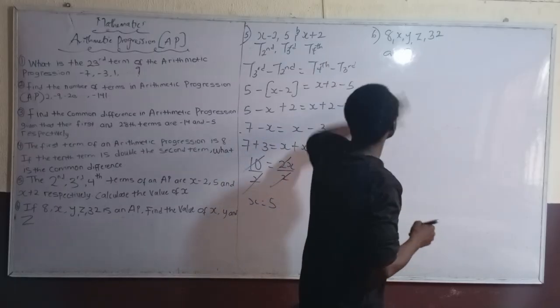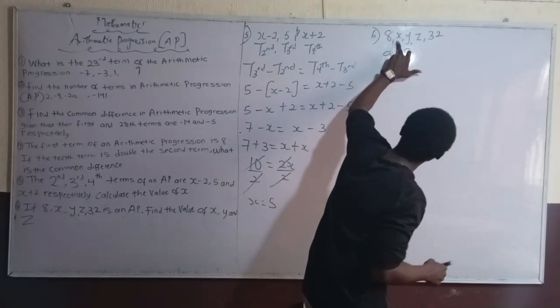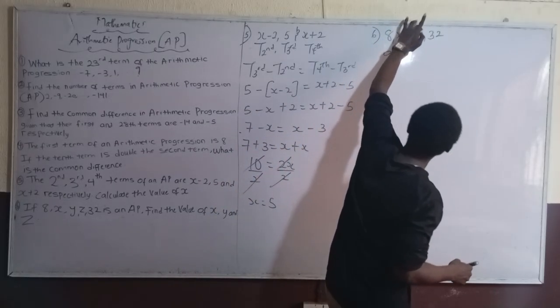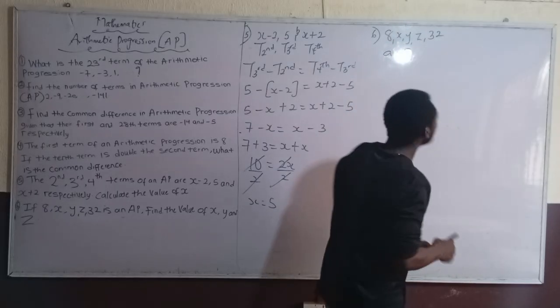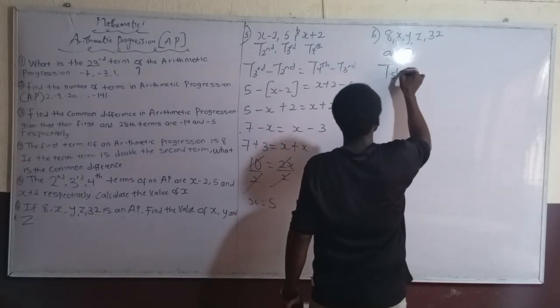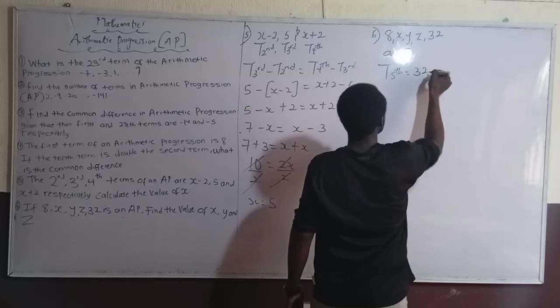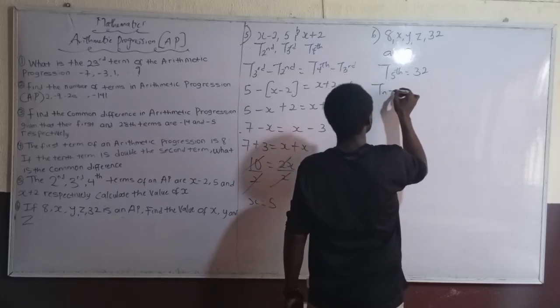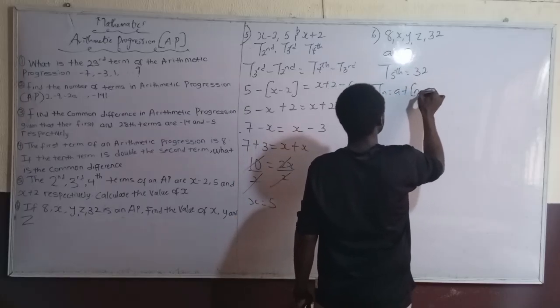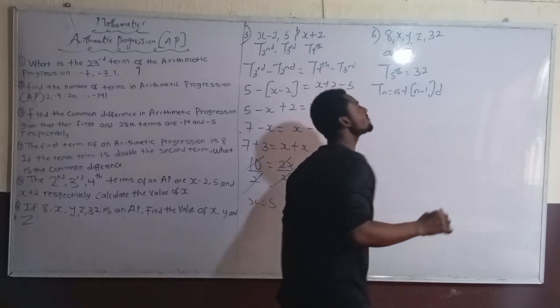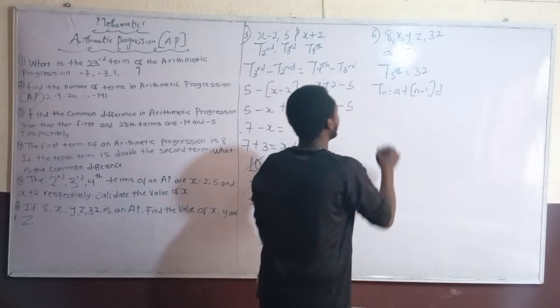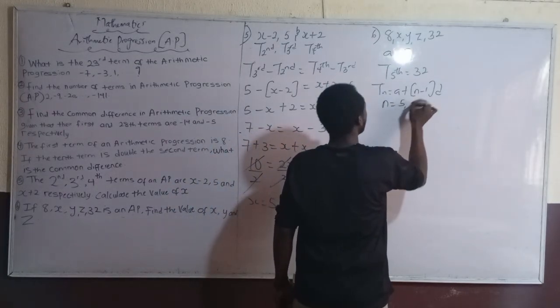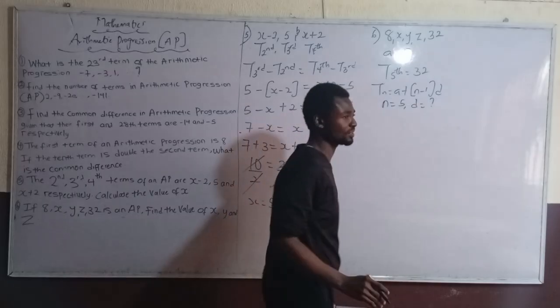If you count, this is the first term, second term, third term, fourth term, and fifth term, which means that my T fifth is 32. My formula is Tn equals A plus (n minus 1) d. If T fifth is 32, that means n is 5. I will now find my common difference.